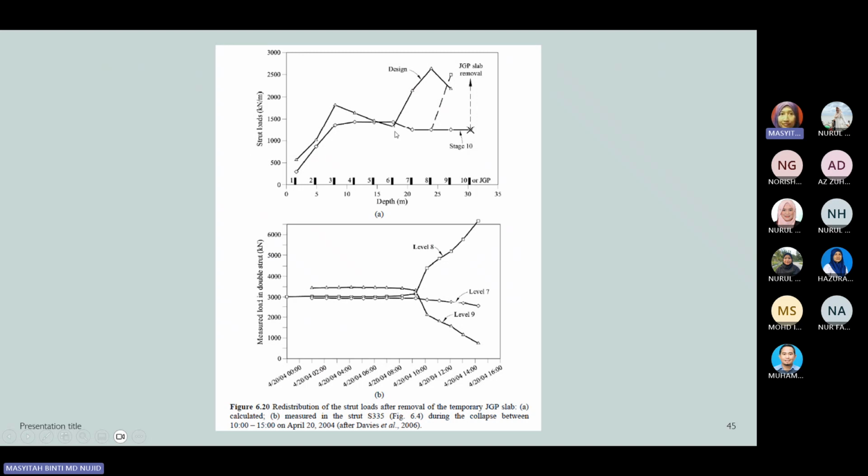This is also explained when we remove the JGP slab and look at what exactly happened in stage 10. You can see that there is nothing much changed at the strut slopes. So the failure started to occur at stage 6, or at strut 6, not in stage 10 or at strut number 10.